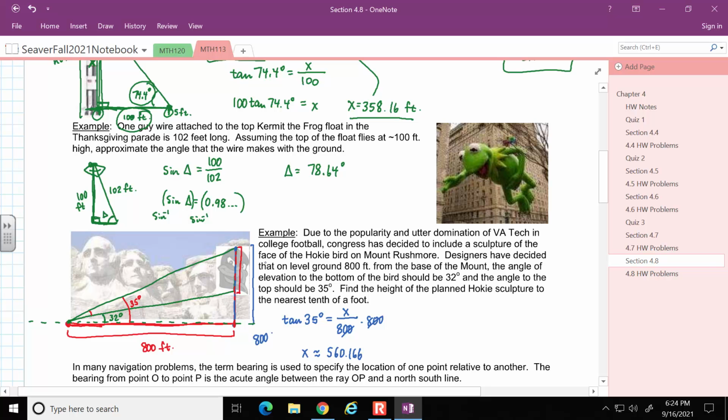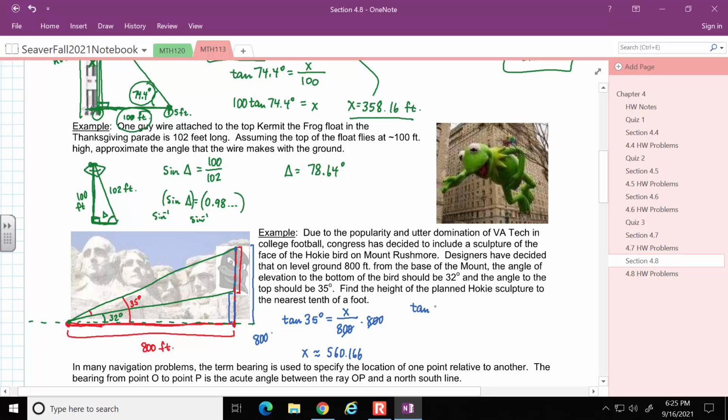Would you do the tangent of 32? You would. Absolutely. So I can also find this height, right? If I take this entire height from the base to the top and I subtract out the height from the base to the bottom, that's going to leave me with just the height of the statue. So that's exactly right.